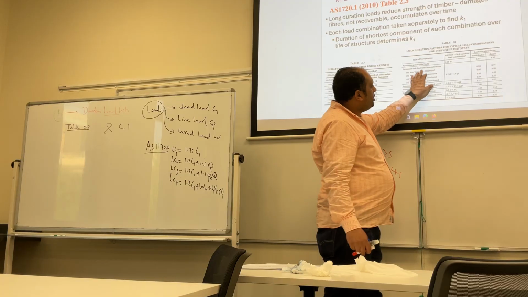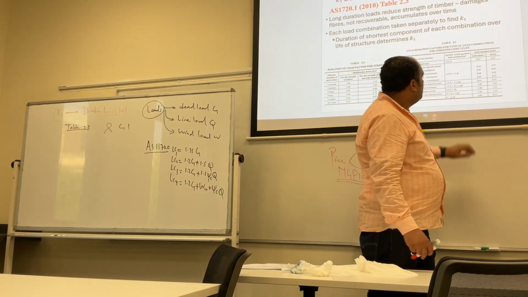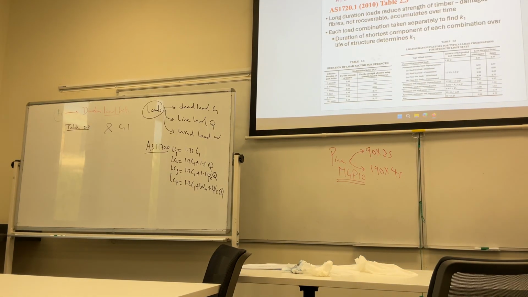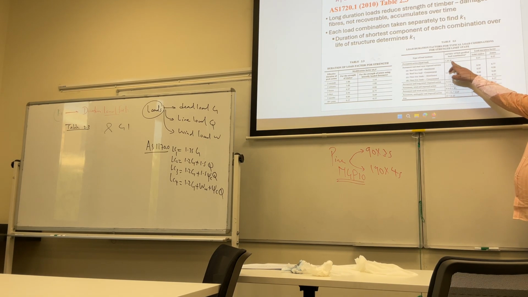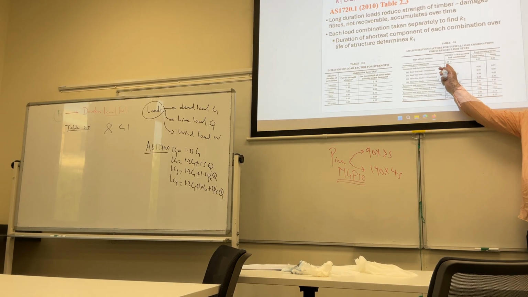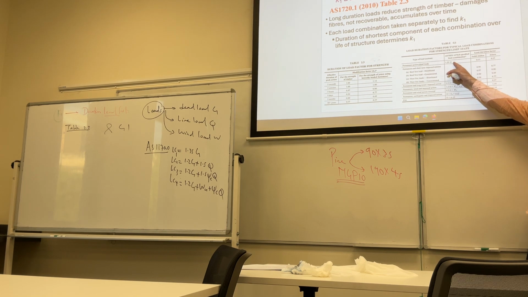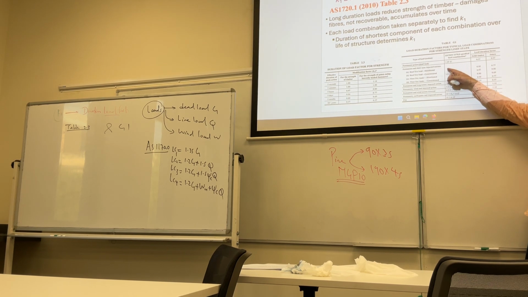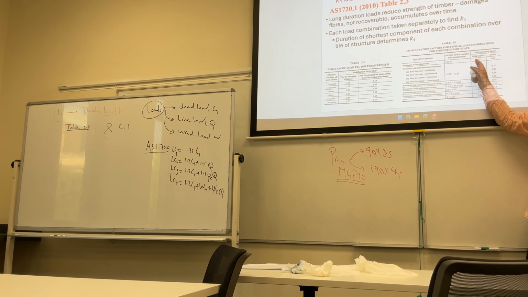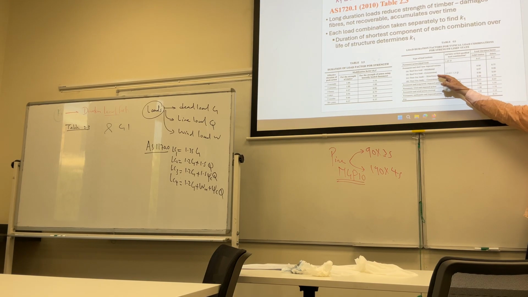For the load combination, if you look at the table G1, when you apply K1 for the load combination, for the first one, what is the load in the first load combination? G. So G is applied for long time. So how much is K1? 0.57. Yeah.